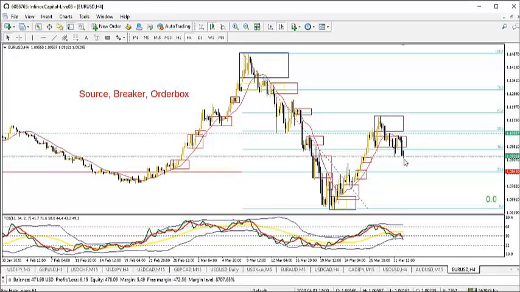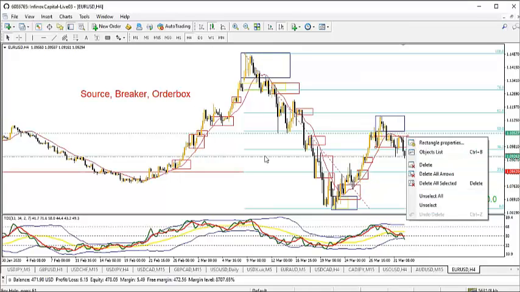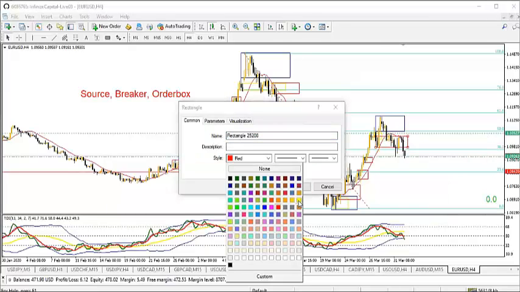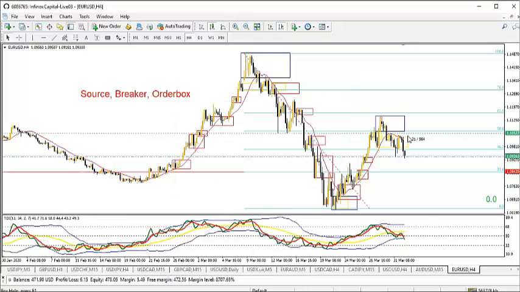So I expect this market, even using Fibonacci, to push down at least to 100% or even go further down below this guy. So I have no business buying Euro USD again. Okay, because now we have a new breaker, and so that's what we have now.